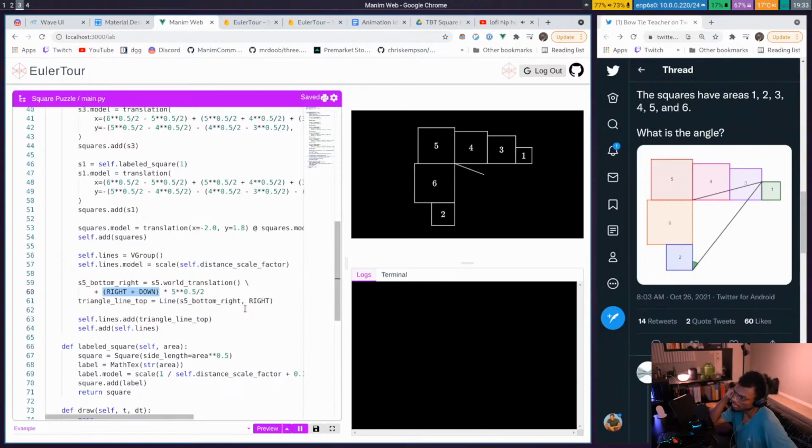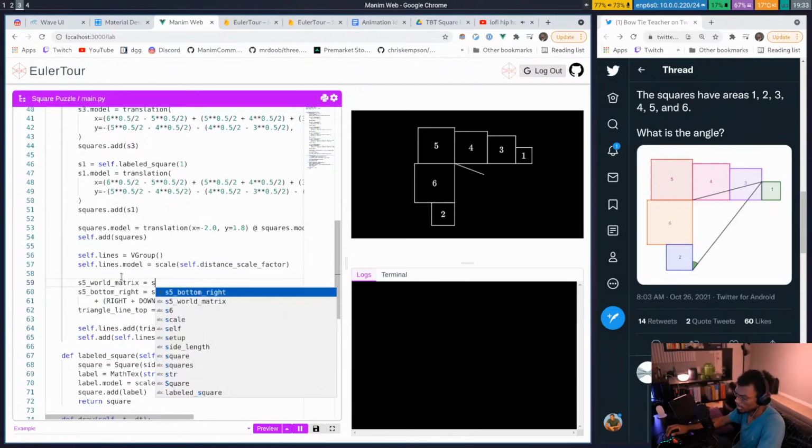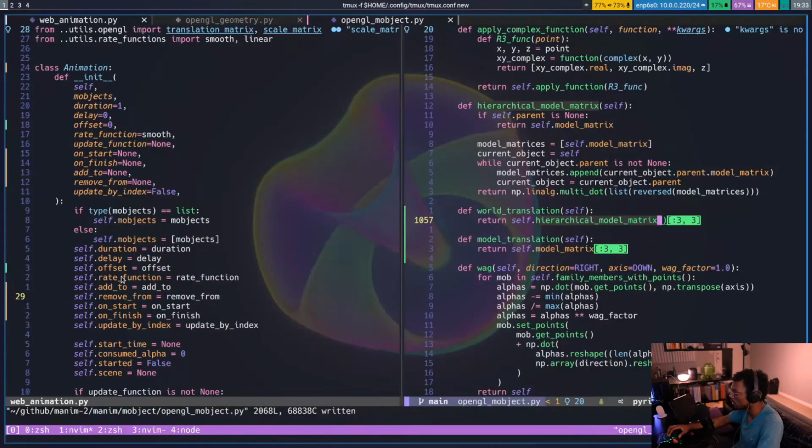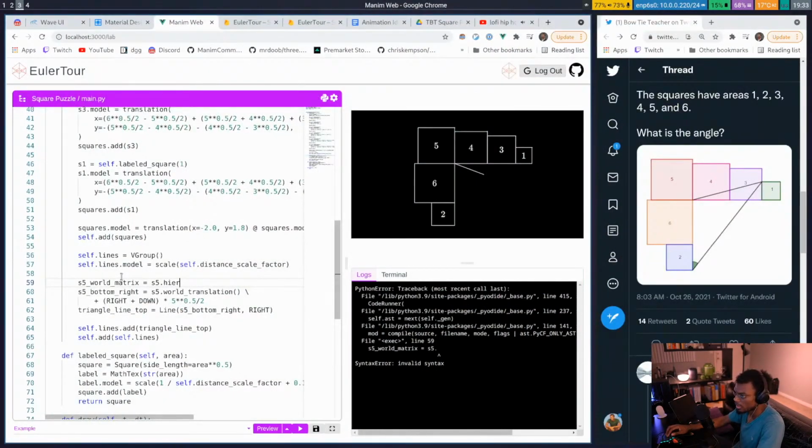So I guess the more correct way to do this, I'd say like S5 world matrix equals S5 dot, I forgot the name of that thing. World trans, no. Hierarchical model matrix, which maybe I should just rename that.